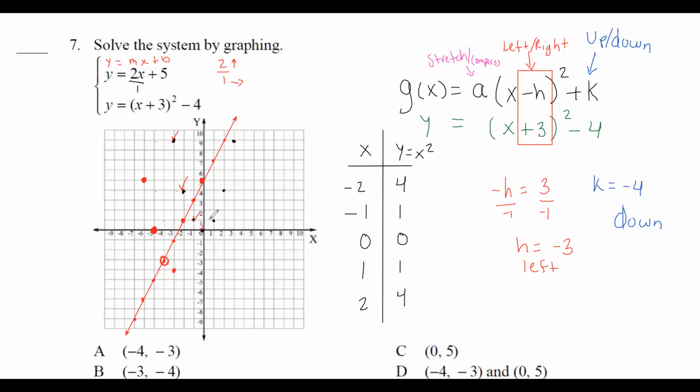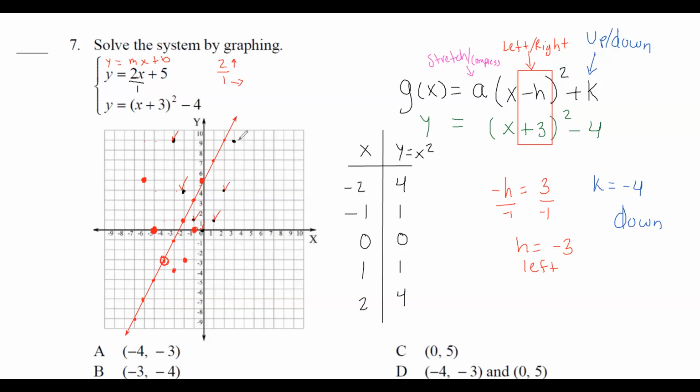Check. My next point, 3 down or 3 left? What are we moving, guys? 3 left, 1, 2, 3, and 4 down, 1, 2, 3, 4. This one, check. 3 left, 1, 2, 3, and 4 down.